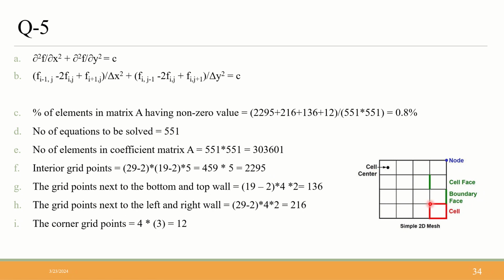In the bottom and top, here again we are excluding the 4 corners, except the 4 corners we are taking 1 2 3 4 like that. If it is this point we are excluding 1, right? So here we have how many points we'll be having? This 1 point, this 1 point, this 1 point, this 1 point.